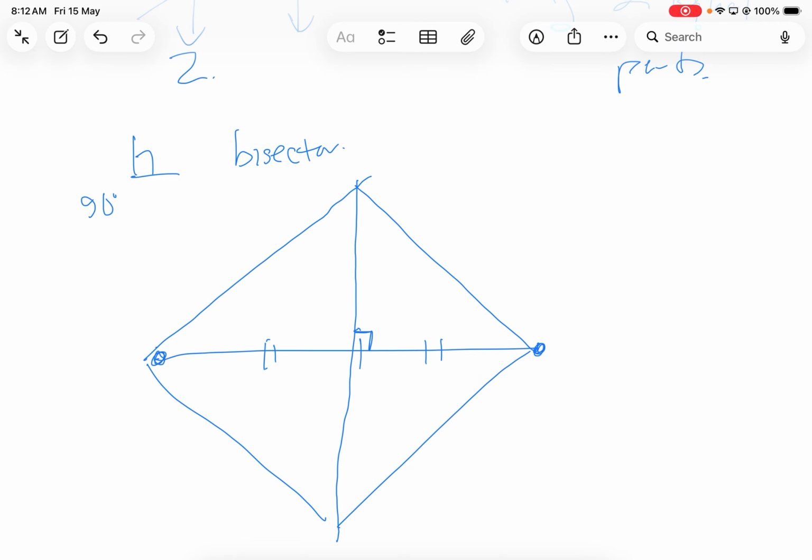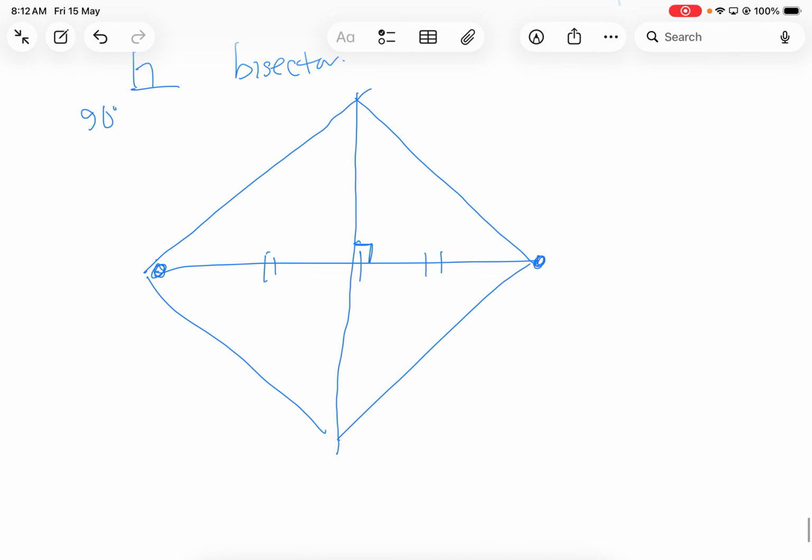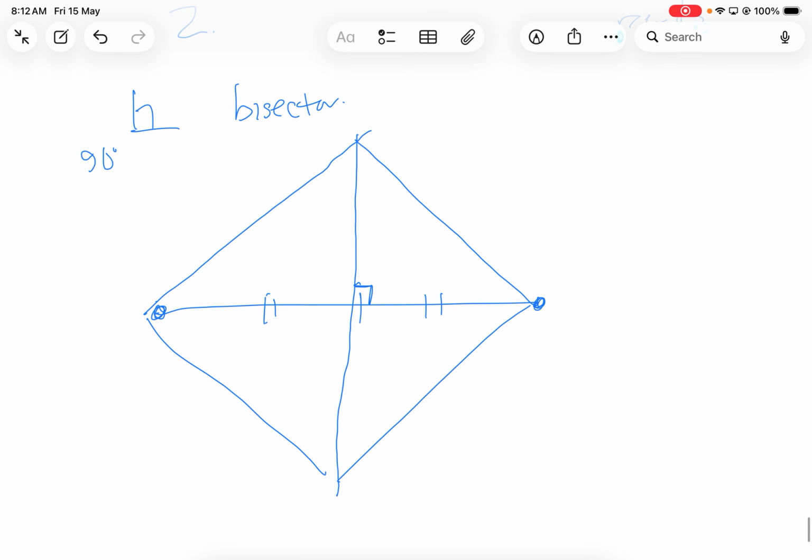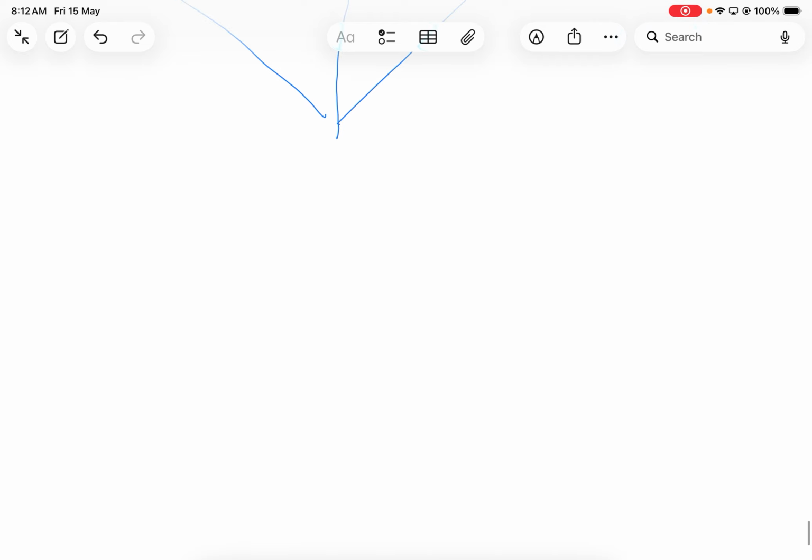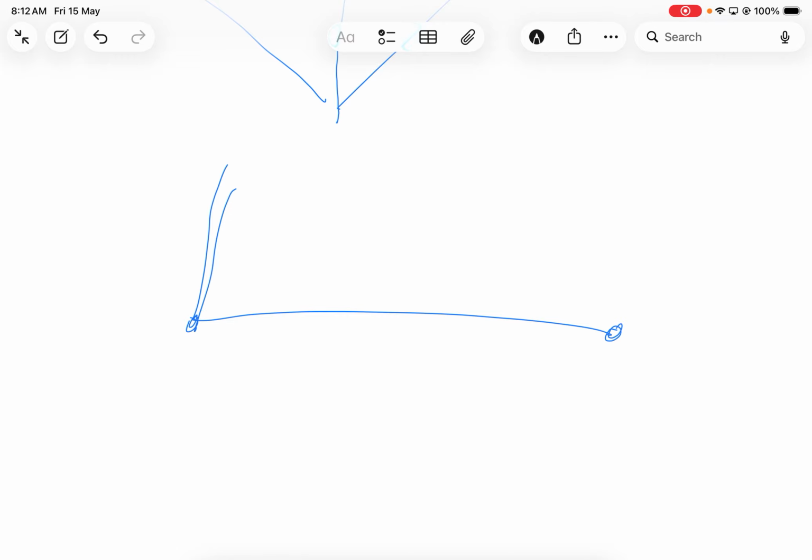Okay? So how do we draw a rhombus? We use a compass, because when I set my compass to the same length, I put one end of the compass here, the other end of the compass is the pencil.